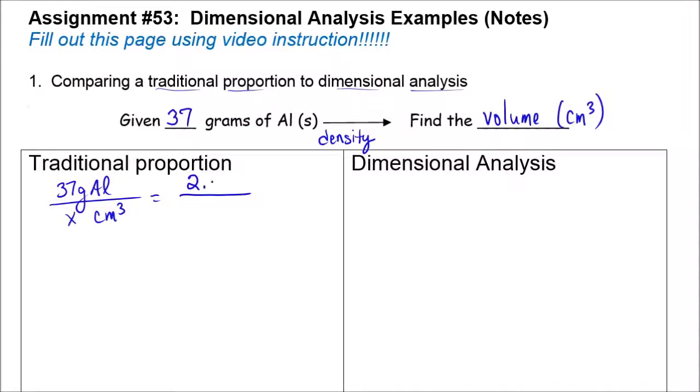So this is what it should look like on your paper. The periodic table tells you 2.70 grams is 1 cubic centimeter of aluminum. That's the density. To solve this, you typically cross multiply. Go ahead and solve it before I show you.